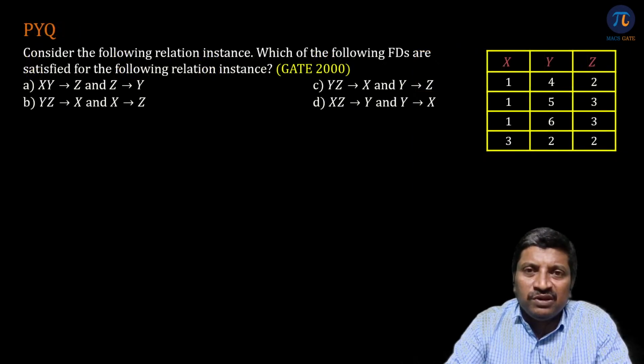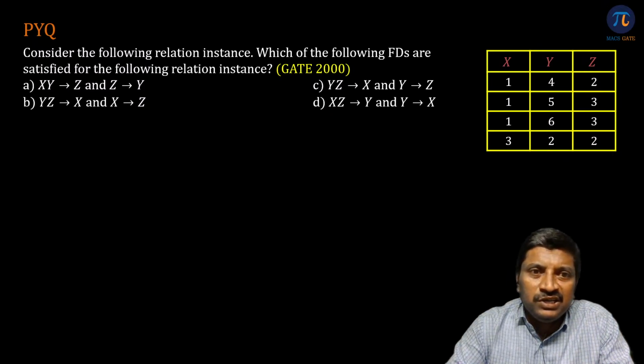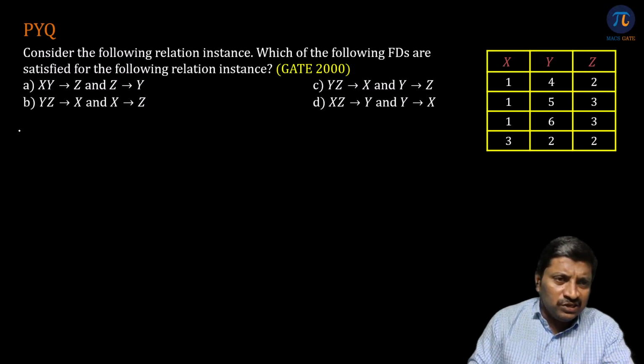So let us do one of the previous questions on this concept. Consider the following relation instance, and which of the following FDs are satisfied for the given relation instance. The same story, sir. So let us continue with option A. In option A, they given two functional dependencies. What is the first one?